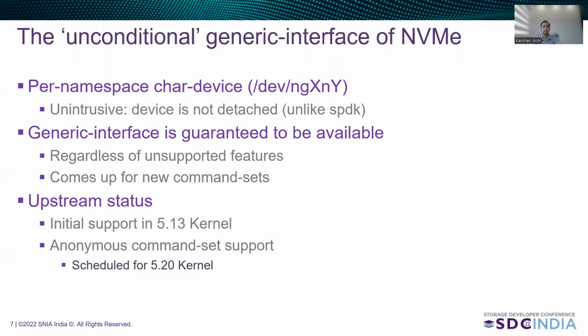Both block and char-device nodes can exist for each namespace, so it is not a substitute but an alternate. The block device may or may not come up, but the char interface always comes up regardless of the unsupported feature or a new command set. It's available in the mainline kernel since 5.13, and that was last year in June. And the support for the anonymous command set, the unknown command set, is planned from 5.20.